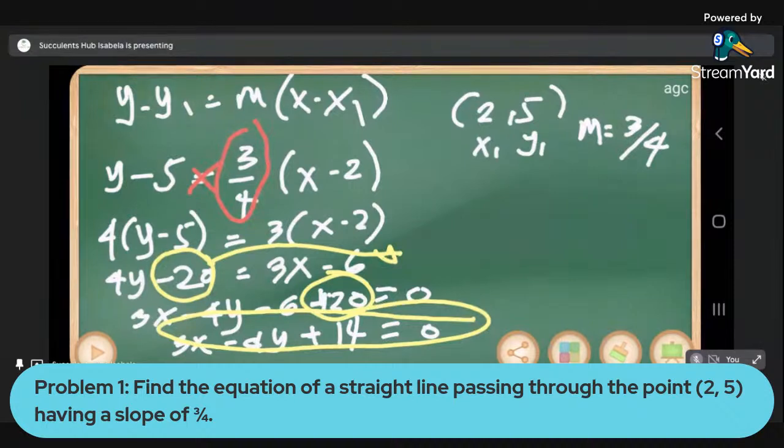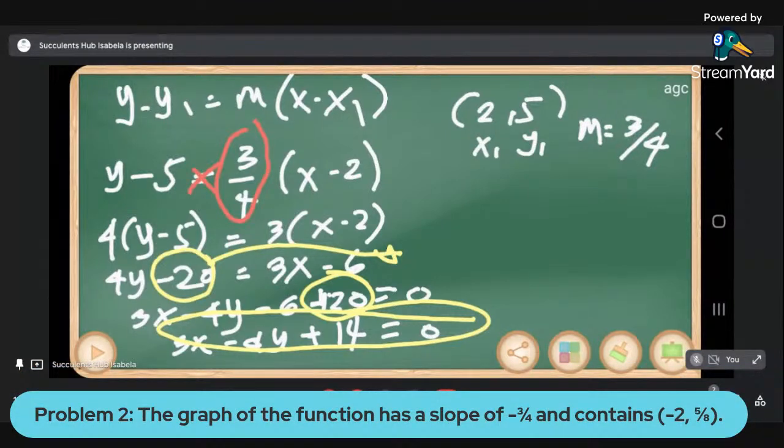Thank you. Okay, will you try another problem? Let's have here our problem 2. The graph of the function has a slope of minus 3/4. Contains the point negative 2, 5, 8.